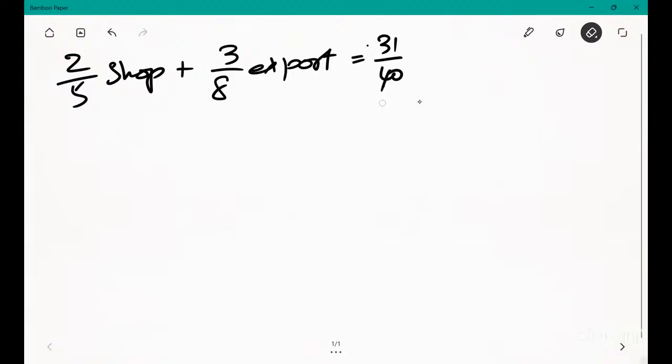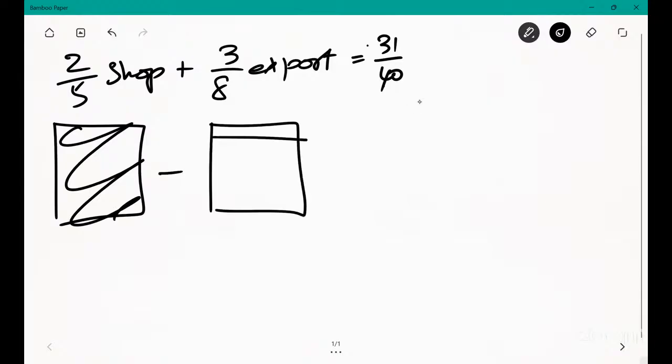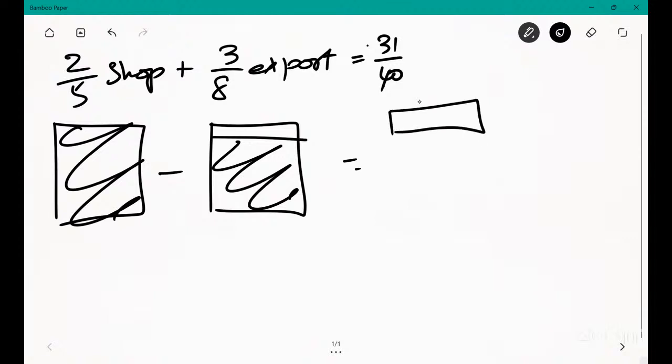So here you have 31 over 40 as the total that is used. Again, if you were to draw it as a figure, it would be the whole minus the taken amount, that's shops plus export. Then you get it remaining as this tiny portion over here. So they're saying 1/3 of the remaining. So we have to find this remaining.